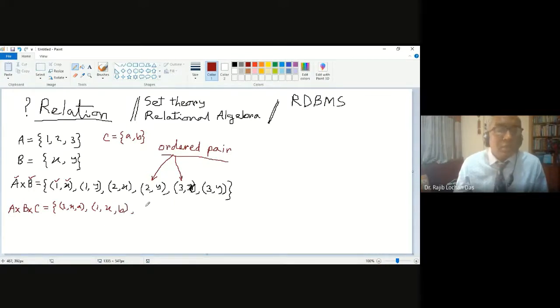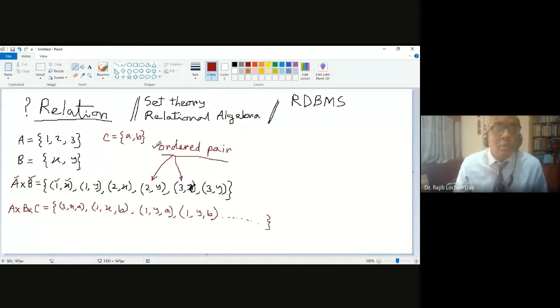And in the same way, 1y, then A, and another element 1y, then B, and it will go on and on.